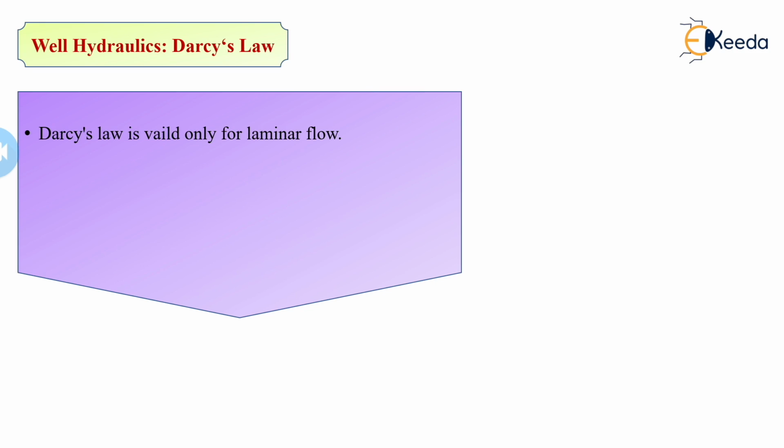But in coarse grained soil, where gravel and sand are present, turbulent flow may be expected under certain conditions, because the distance between the particles is large. So turbulent flow might occur under some conditions.